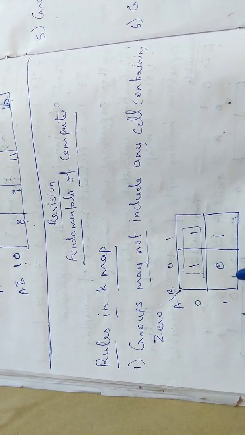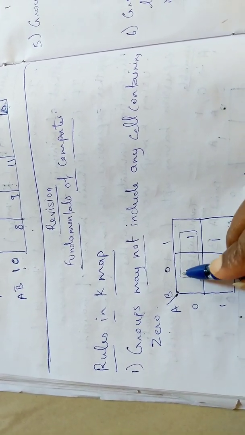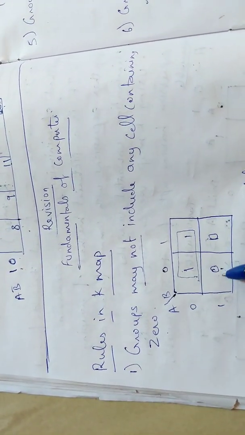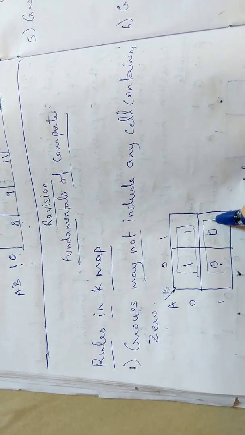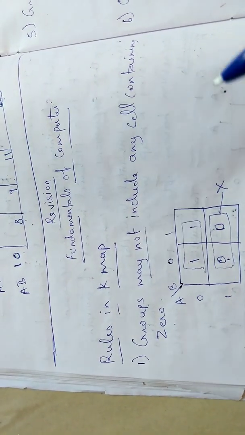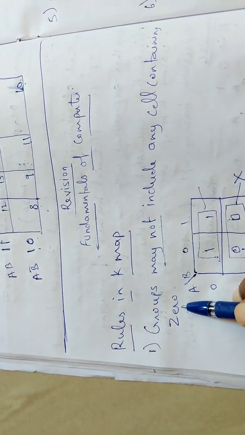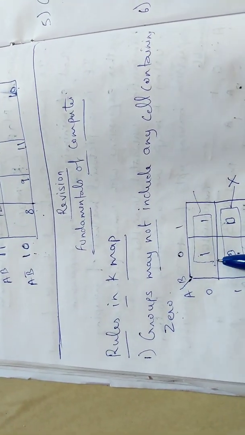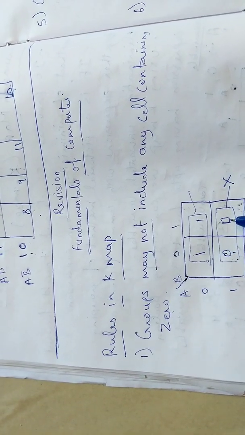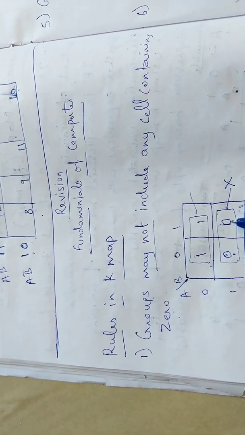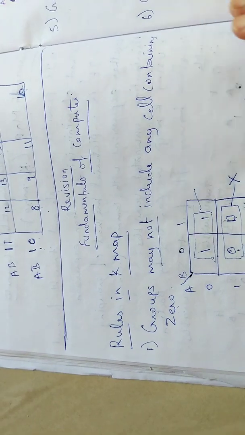You cannot make a group of 0 with 1. If I make a group including a 0 like this, it is wrong. Only make groups of ones, not zeros. This is the first rule, very simple. You should make groups of ones again and again.